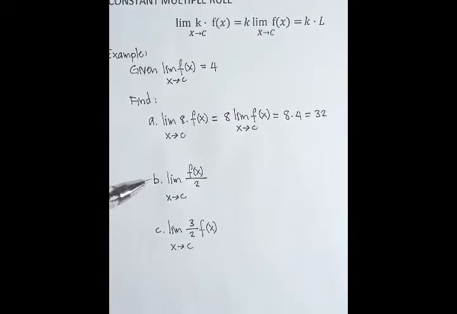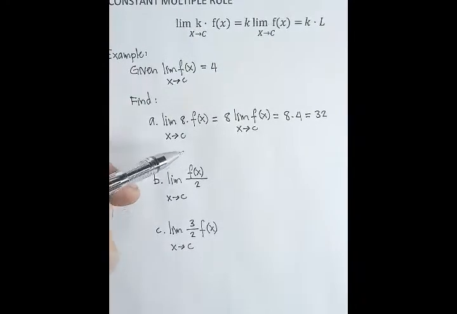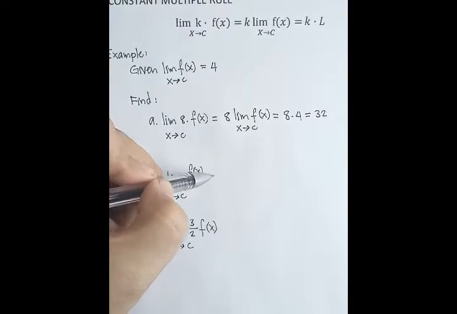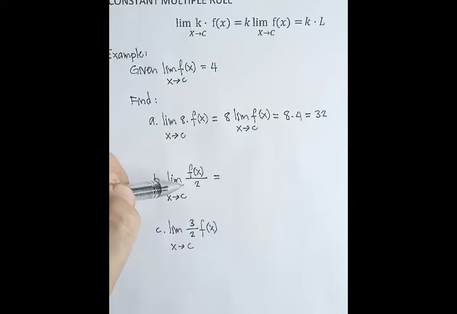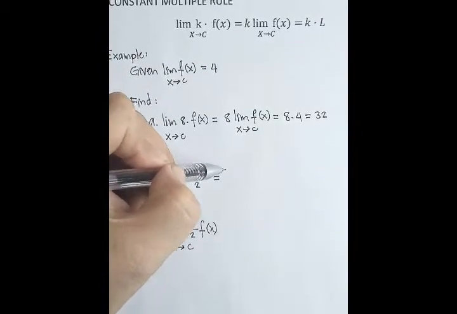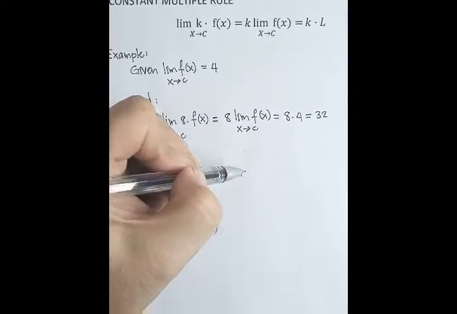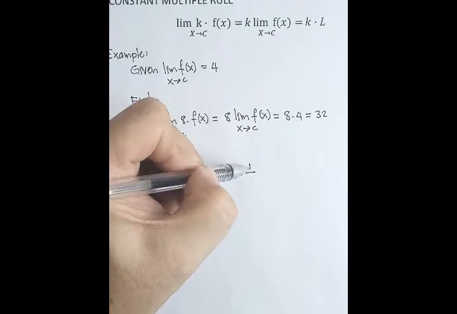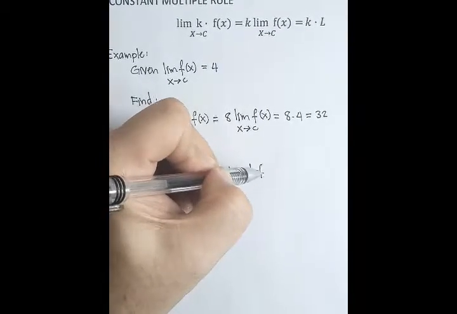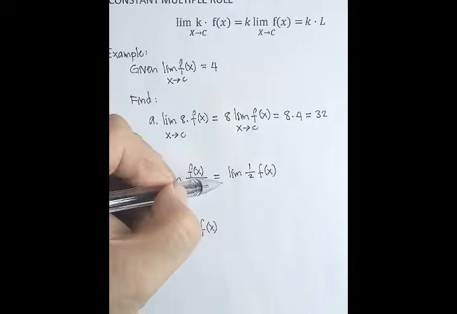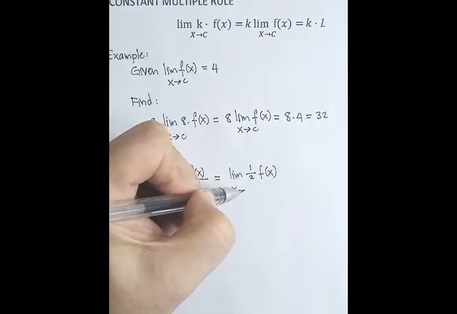Okay, for letter B, the limit of the function of x over 2 as x approaches c. This over 2 we can write as this function multiplied by 1/2. So we have 1/2 times the limit of the function of x as x approaches c.